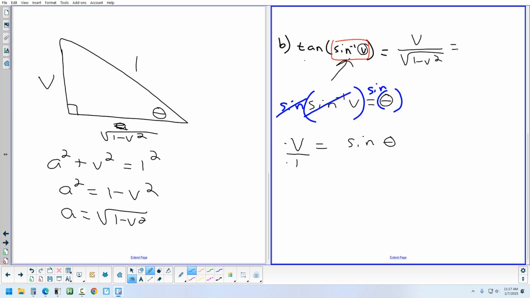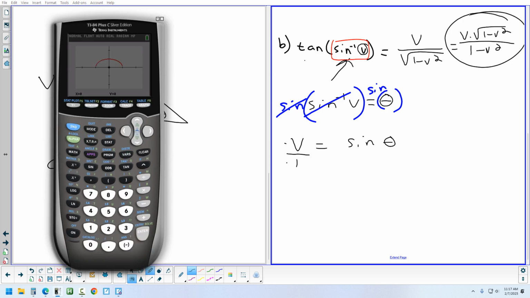And because we have a square root in the bottom, we should fix it. What will we multiply the top and the bottom by? Square root of 1 minus v squared. Yep. So v square root of 1 minus v squared over 1 minus v squared. That's the formula for the tangent of the inverse sine.